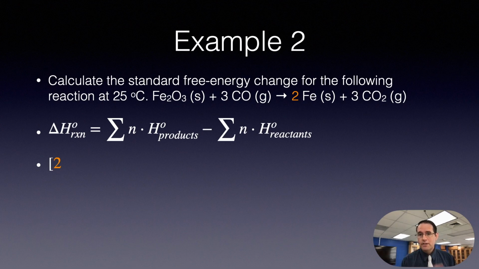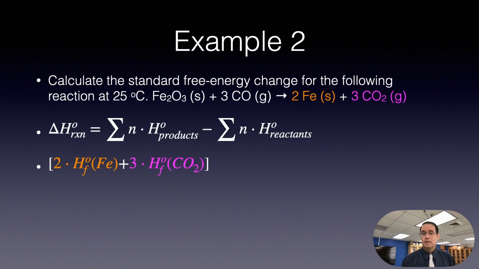Now we have a 2 in front of the iron, so it's going to be 2 times the heat of formation of iron, plus, that big huge epsilon or summation sign means add them up, 3 times the heat of formation of CO2, because we have a coefficient of 3 in front of the CO2. Then we subtract, because there's a big old minus sign there in the formula.